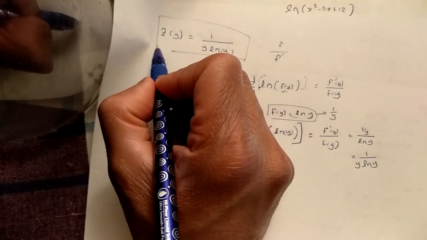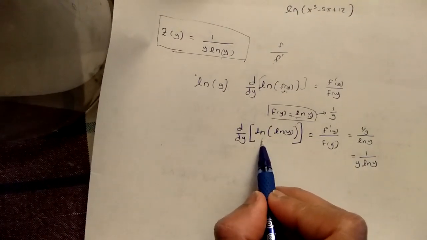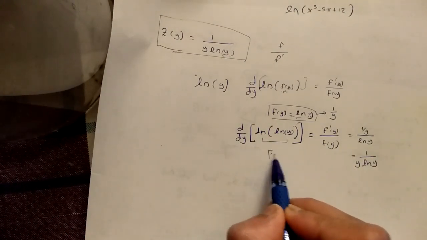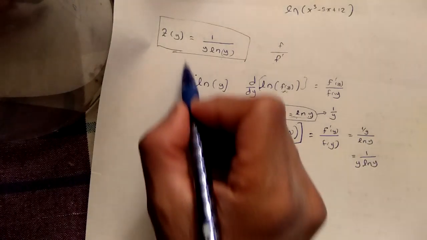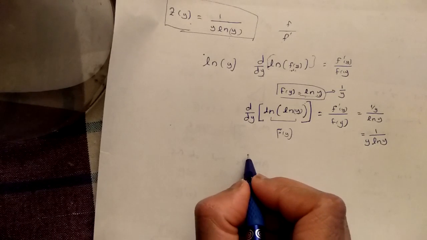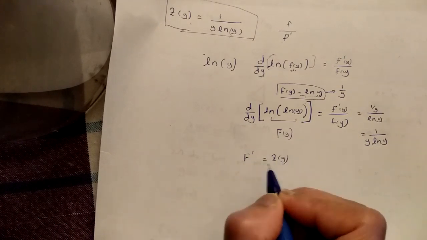Now we are asked to find the antiderivative, and we have found a function so that when you differentiate this capital F, you get this as the answer. In other words, capital F is the antiderivative of the given g(y).